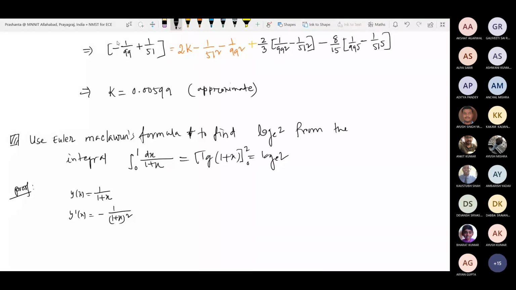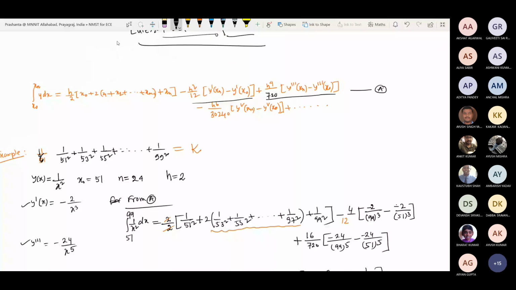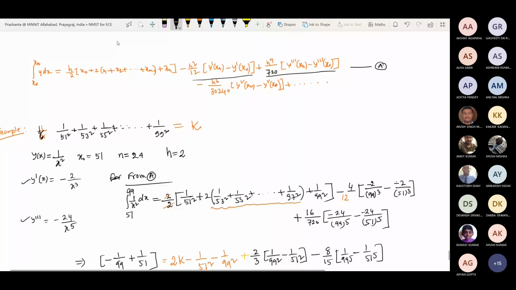The triple derivative will be minus 6 by 1 plus x power 4. So we are planning to add only two terms, two approximations in the formula. We do not want to add the third term. So we will be stopping after adding two terms after the trapezoidal part.